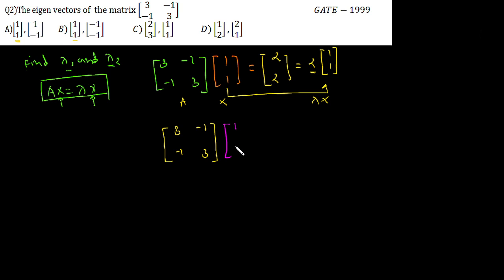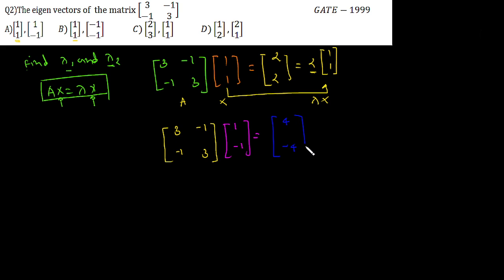Let's write it here, 1 and minus 1. Now we have to do the multiplication. What we are getting here is simply 4, because 3 multiplied with 1 is 3, and minus 1 multiplied with minus 1 is again 1. So 3 plus 1 is 4, and here we are getting minus 4.